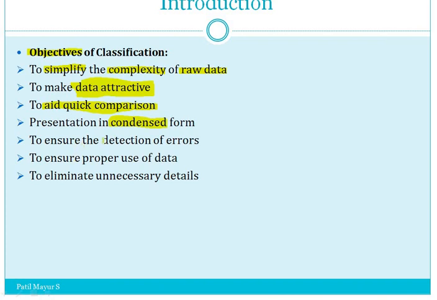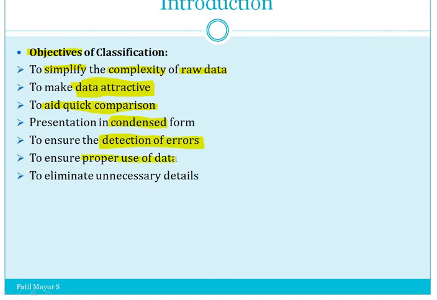Then to ensure the detection of errors. The errors in the data can be detected. If you properly classify it, the errors will be easily seen there. Okay, to ensure the proper use of the data.